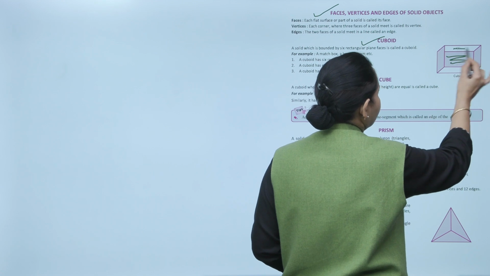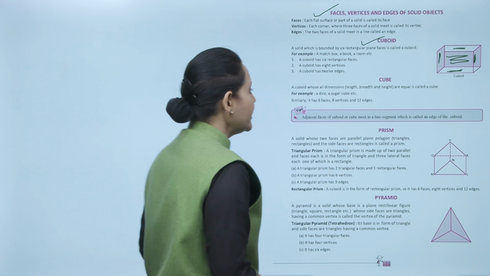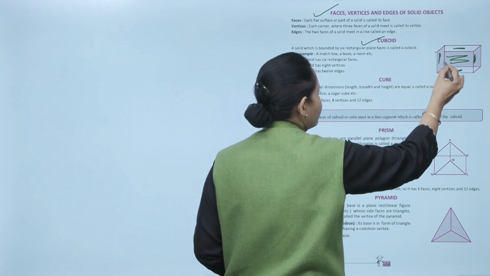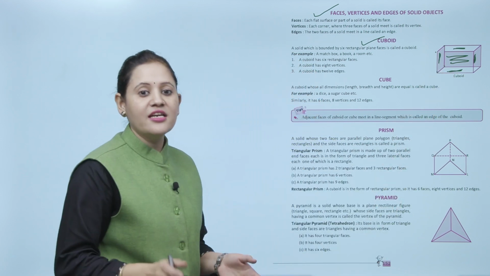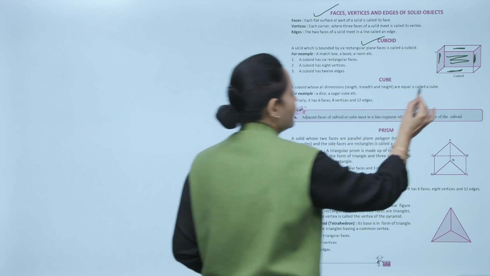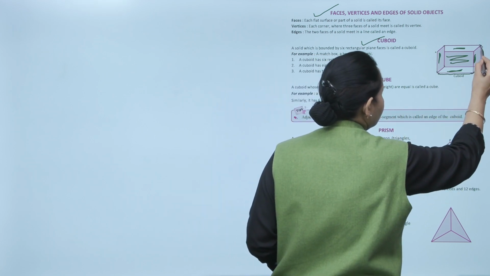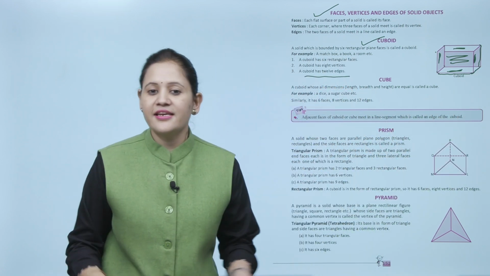These are the faces of the cuboid. It has 8 vertices. These are the vertices. So total 8 vertices and 12 edges. These are the edges. So total 12 edges.